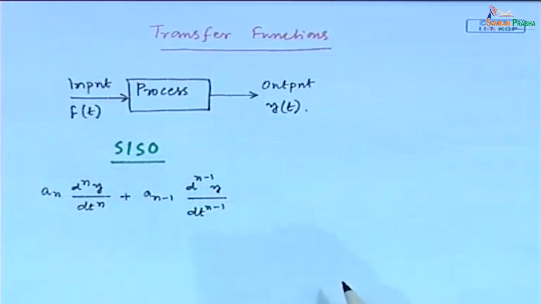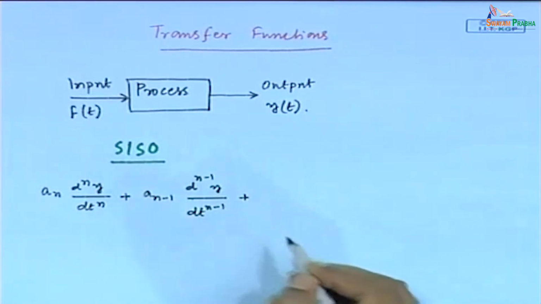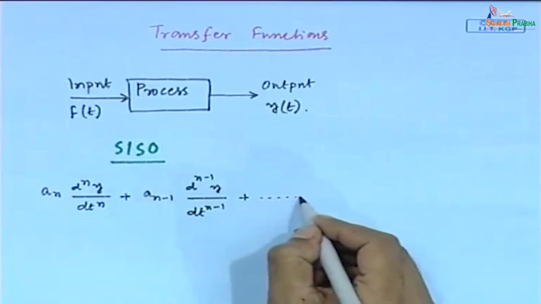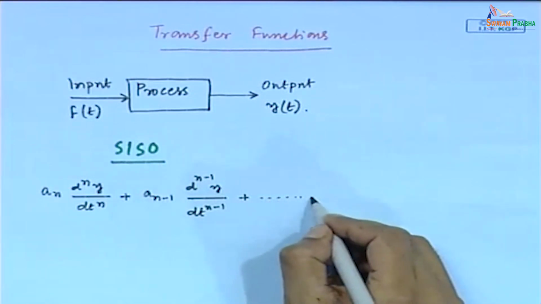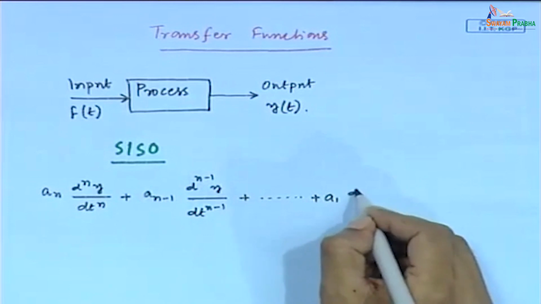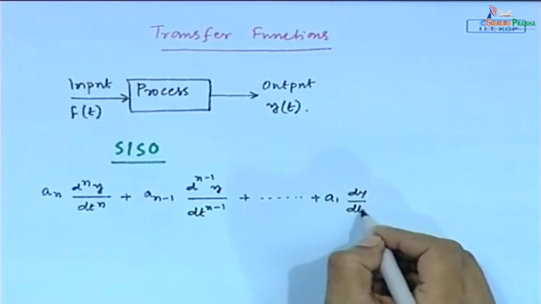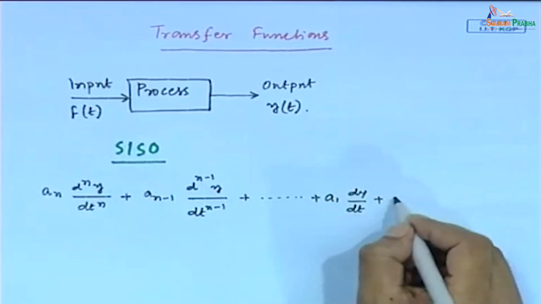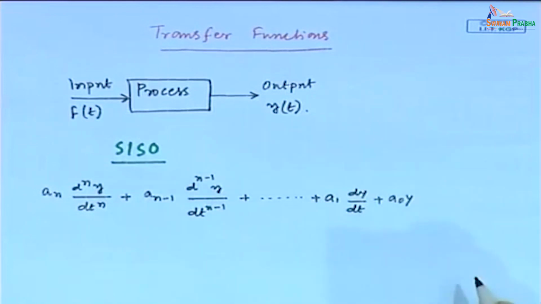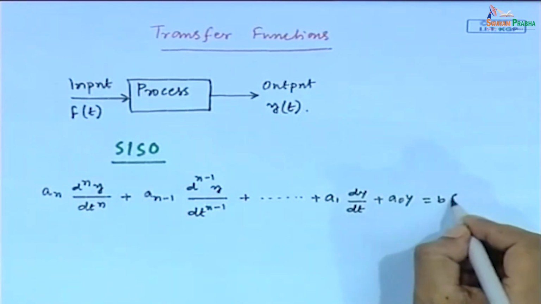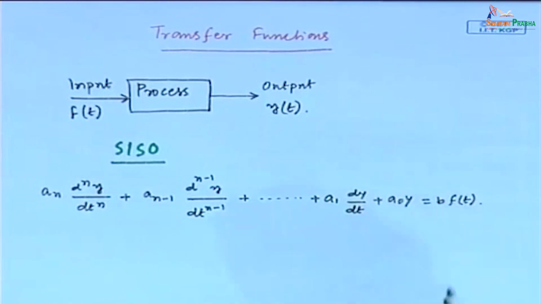We are trying to formulate in general, fine. That is why we have considered an nth order differential equation, up to a_1 dy/dt plus a_0 y equal to b f(t), fine.